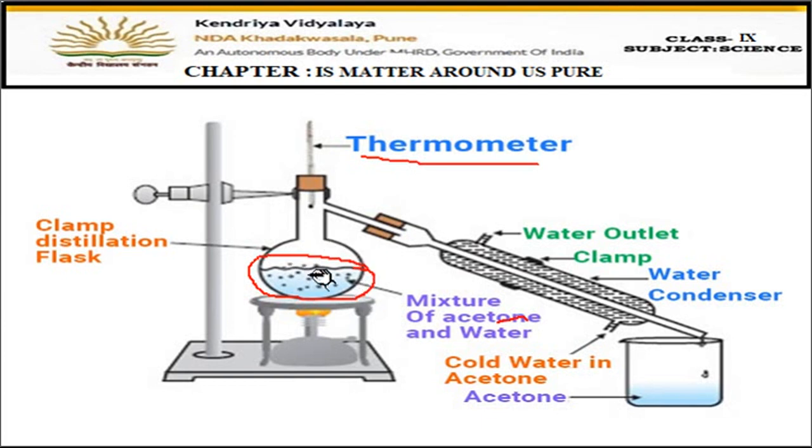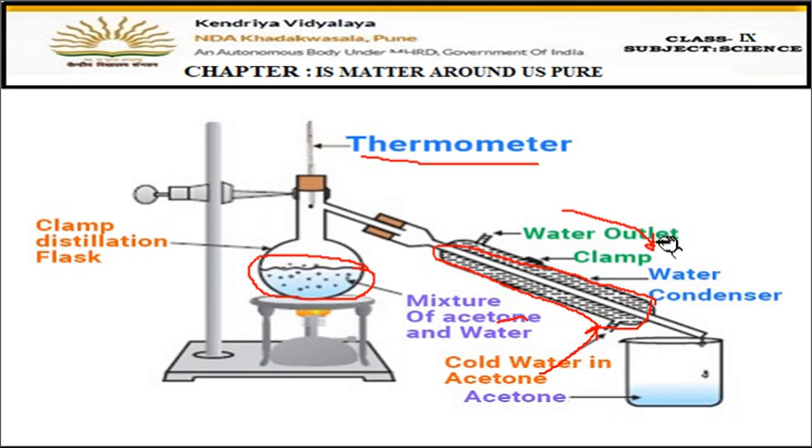Then with this round bottom flask, a condenser is attached. This is known as a water condenser. It has two outlets: here you can see the water outlet and here the water inlet. From this side the cold water will go inside, connected with pipes to the tap. Water from the tap will come inside and flow through the complete chamber, and from here the water will go out.